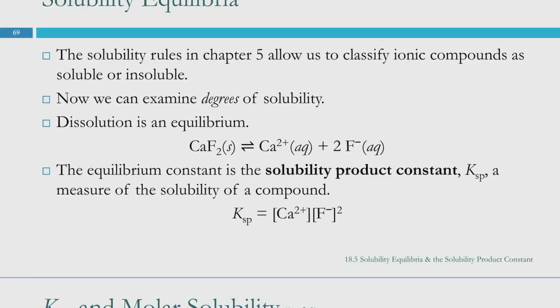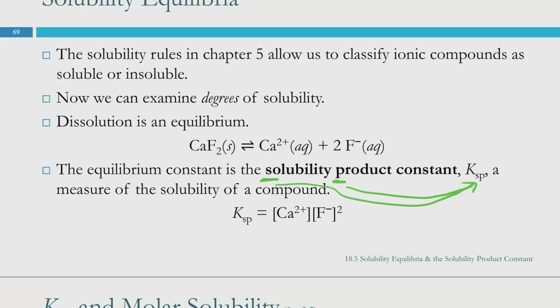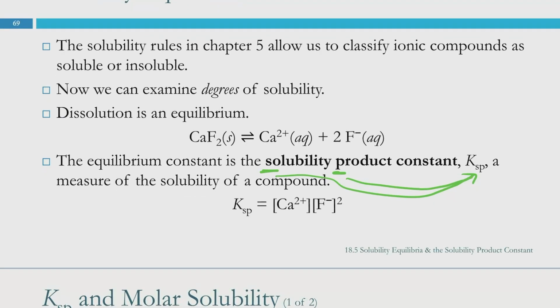And you may remember this solubility product constant, KSP. It's a measure of the solubility. It's expressed the same as our other K expressions, but for all of our KSPs, we're going to have a solid as our reactant. And since it's a solid, we omit it, so it's just the products, the different ions that are the products.